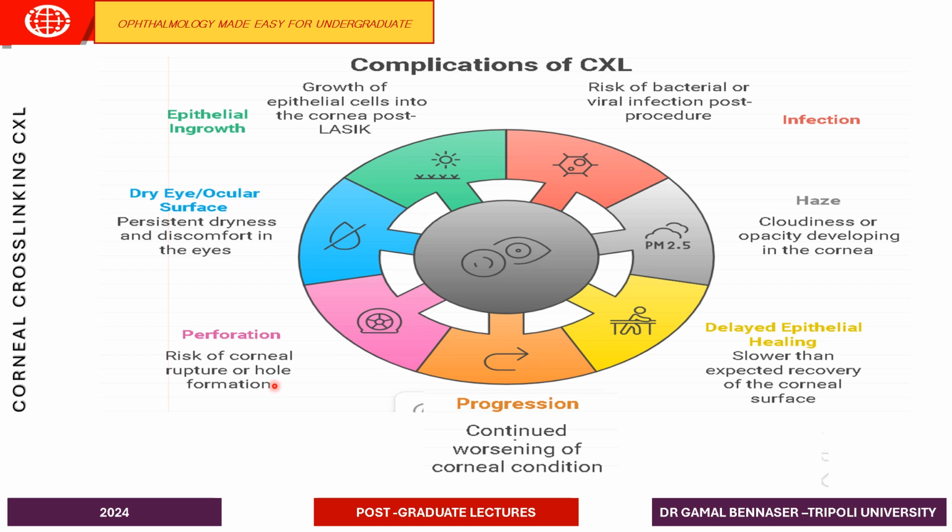This haze might be transient, which might be a good sign of a good effect of the cross-linking, and it disappears within the first month, or it might be persistent for a long time, needing a detailed, concentrated steroid therapy, and it might stay for a long duration. The exact pathogenesis of this haze is not known, but it is mostly due to the activation and excitation of the keratocytes and the induction of a remodeling process inside the cornea and among the collagen fibers.